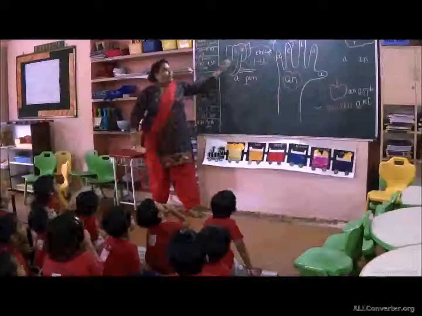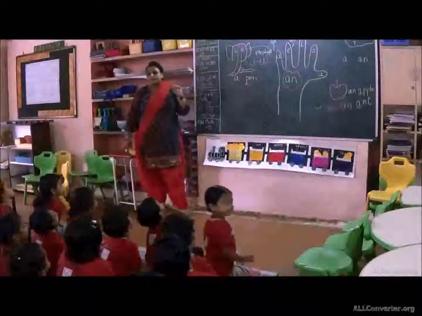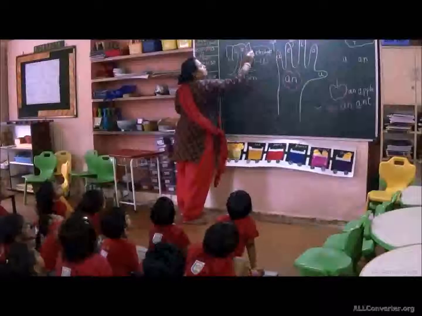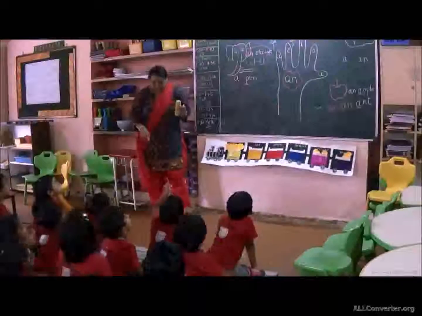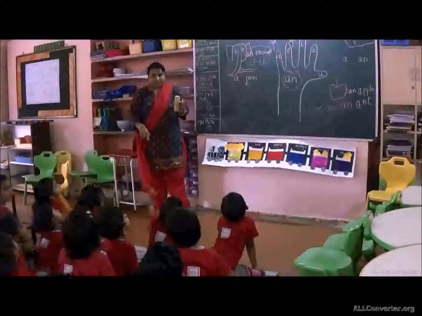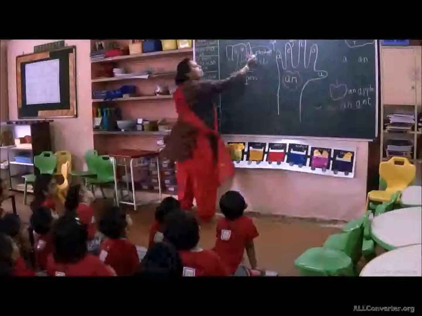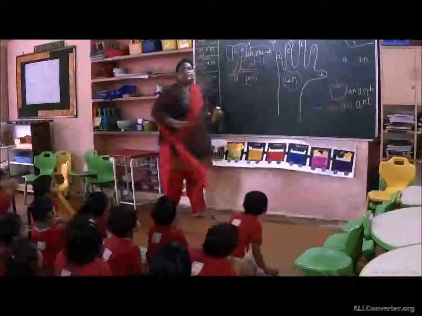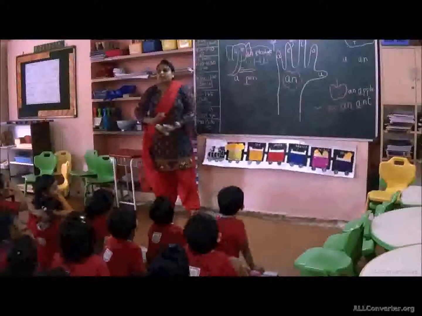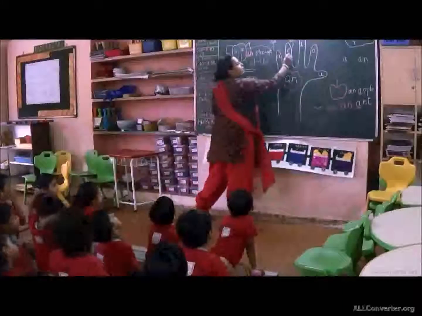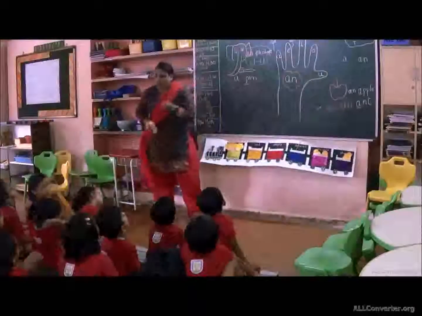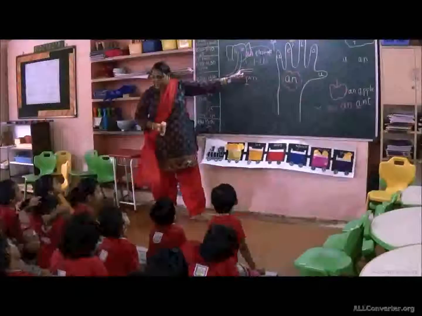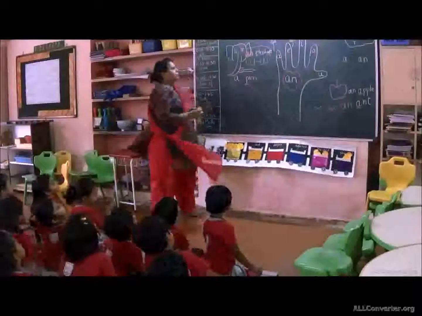Now which article will come here? Very good. How can you make out that an will come? Because the first sound of elephant is E, and E is among the vowels. So you are going to use an. Got it?